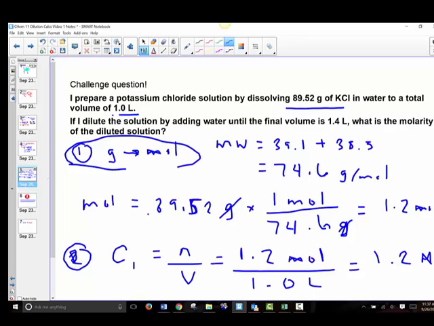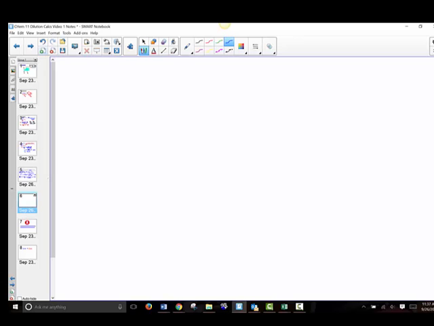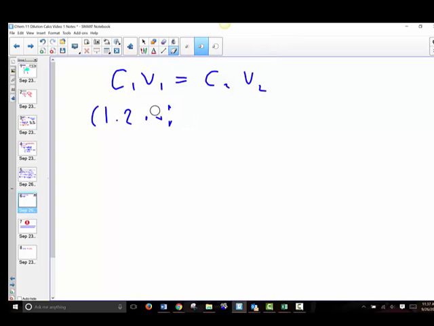I'm just going to create a new page here for that. So we've got C1 V1 equals C2 V2. Let's plug in what we know. We know we have a 1.2 molar solution for C1, and we're sorry, my pen just wants to make some extra lines here. I use an M that way.